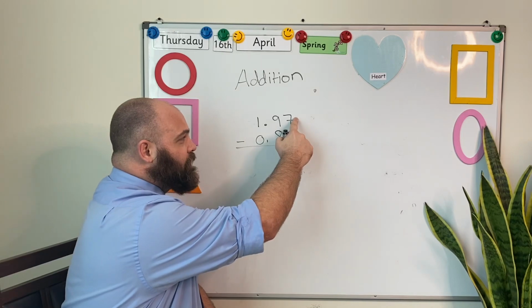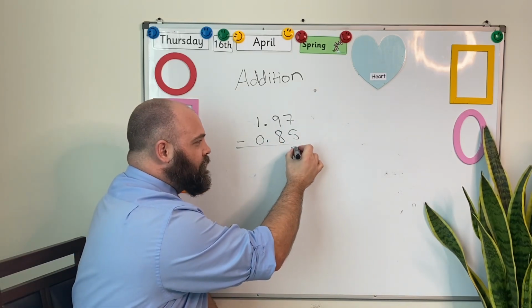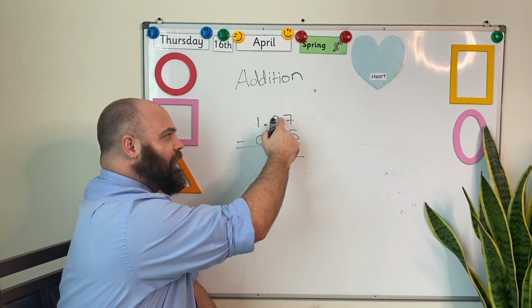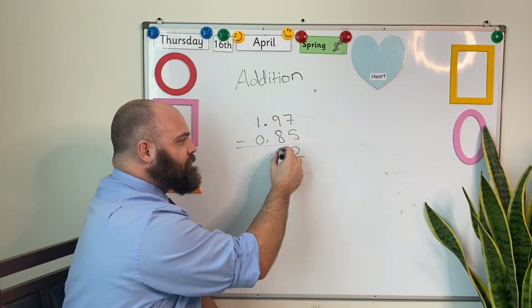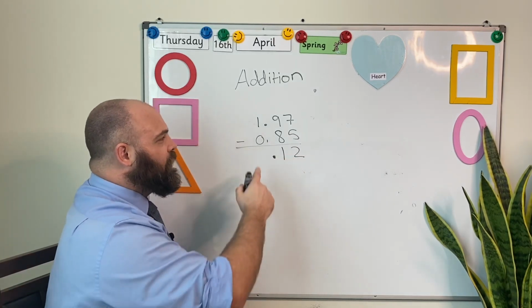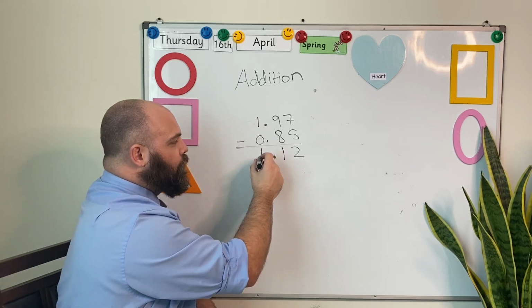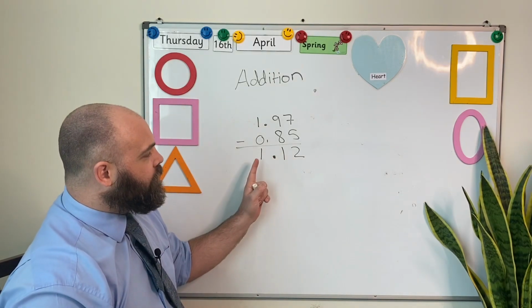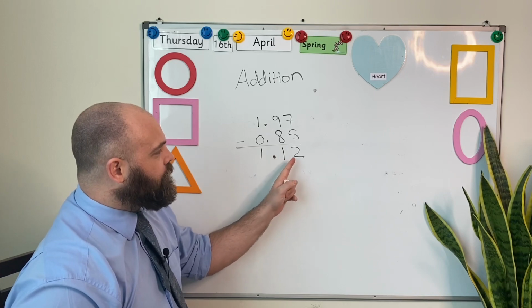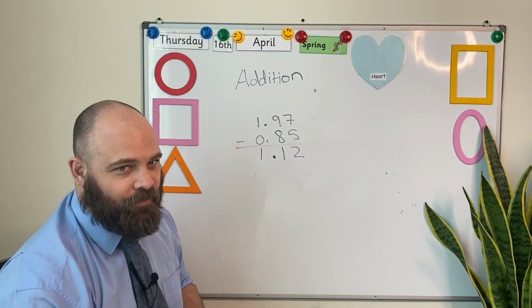I have 7 hundredths minus 5 hundredths gives me 2 hundredths. 9 tenths minus 8 tenths is 1/10. I keep my decimal, and then 1 minus 0 is 1. And I end up with 1.12, or 1 and 1/10, and 2 hundredths.